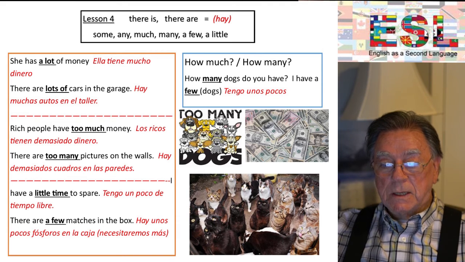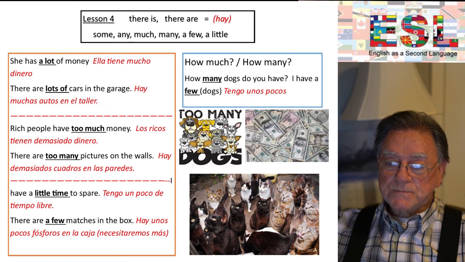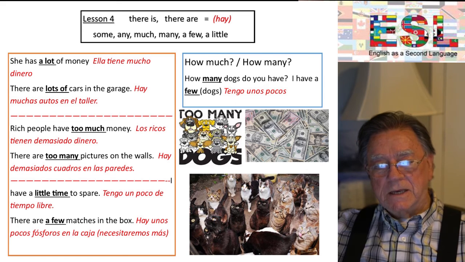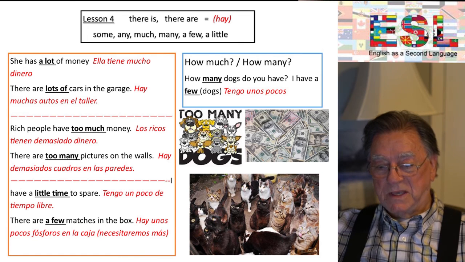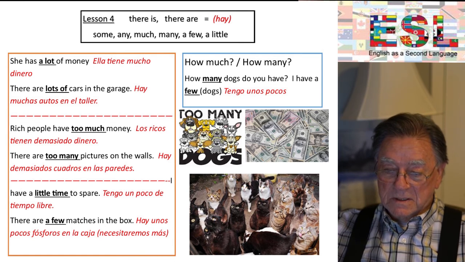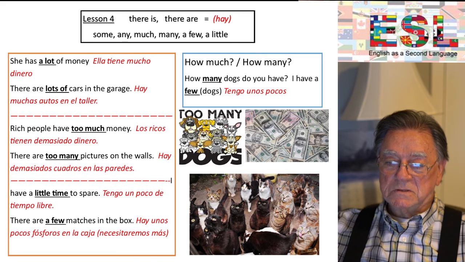And then there's too many dogs in this one picture. I don't know, you count them all, there's quite a few. And then there was the idea of too much money, demasiado por los ricos y nada por los pobres. And then we have a cat problem, it seems, down here. There's over a dozen cats in that picture, and that's too many cats.